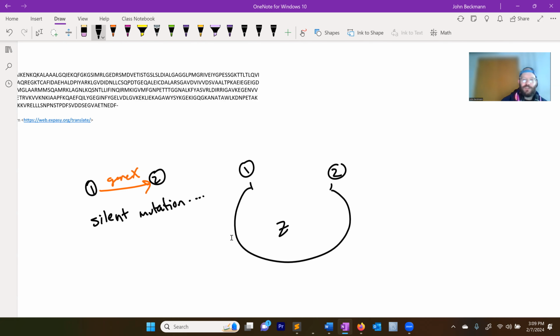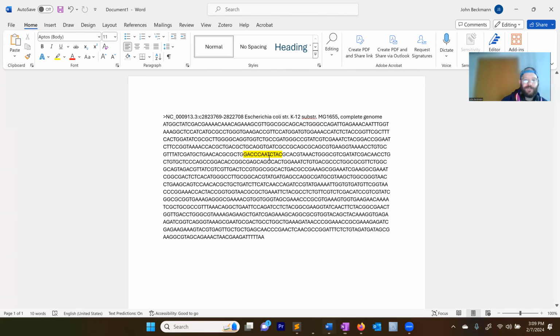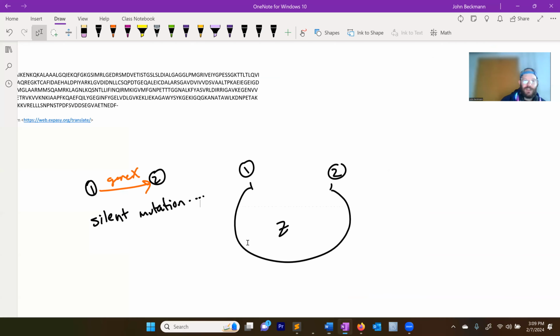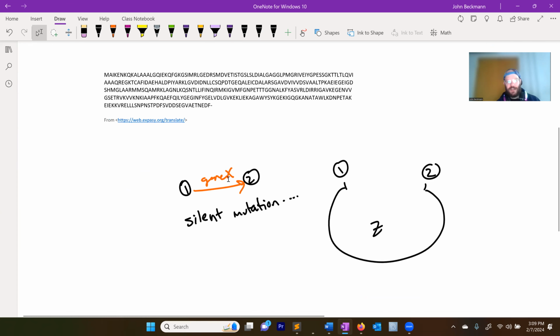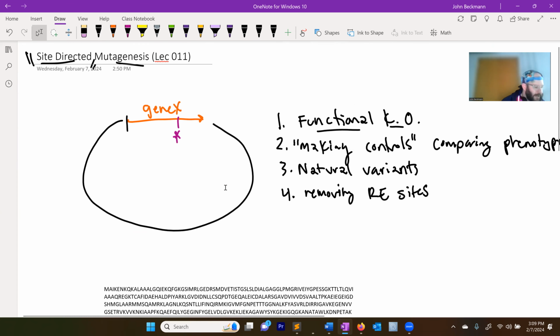So typically what you would do is if there was a restriction site that you need to get rid of, maybe it's this, you can change that codon and just change it to one of the other options so that it maintains the amino acid structure, but you just change the DNA sequence. That's a silent mutation, okay? So you often will utilize this to change internal sequences of genes to facilitate downstream cloning. I've done that many, many times. That's a common thing that comes up.